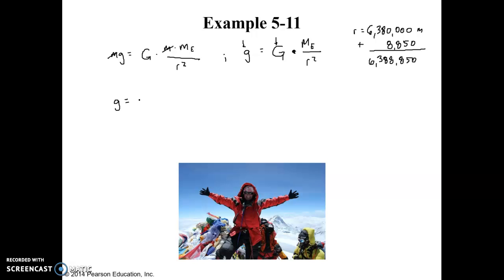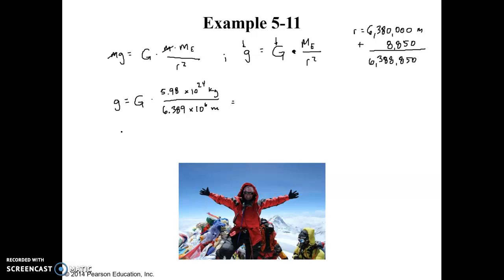But we're just going to say the acceleration due to gravity is equal to the gravitational constant times the mass of the Earth, which is 5.98 times 10 to the 24th kilograms, divided by this increased radius of the Earth on top of Mount Everest, and I'll just take that to 4 sig fig, 6.389 times 10 to the 6th meters.